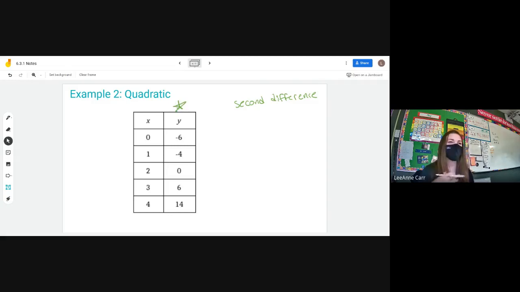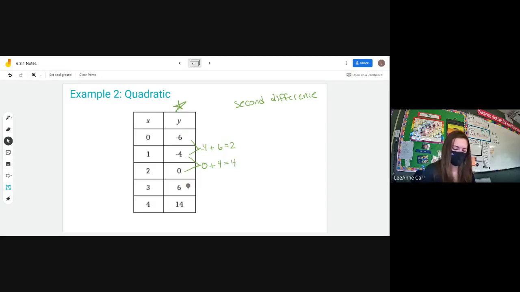So we're going to remember to subtract the previous term to get our difference. So I'm going to do -4 minus -6. Let me write that out for you. This actually becomes -4 plus 6, which would be 2. Then I do 0 minus -4. We have that double negative again, so this becomes 0 plus 4, which would equal 4.